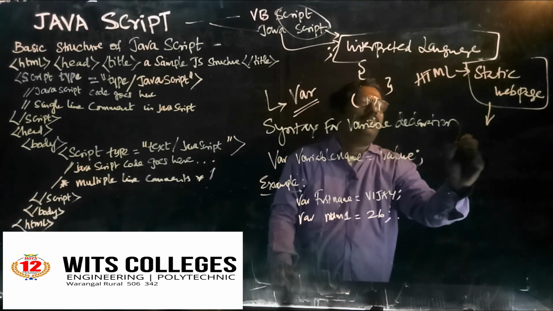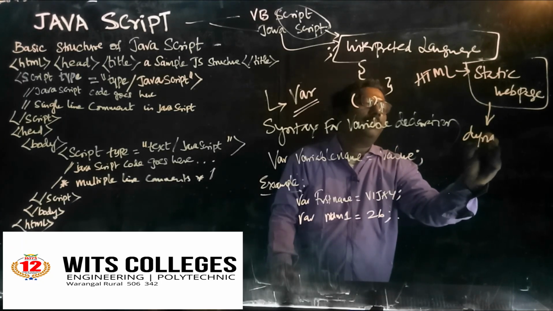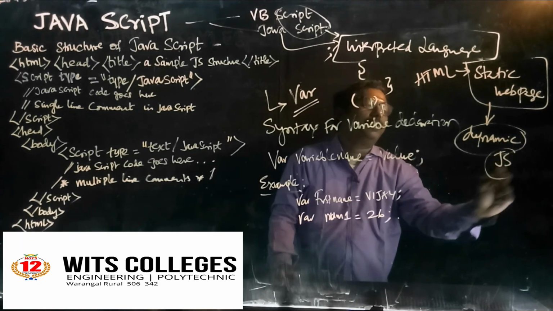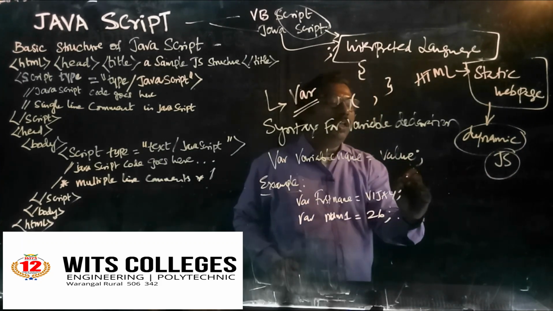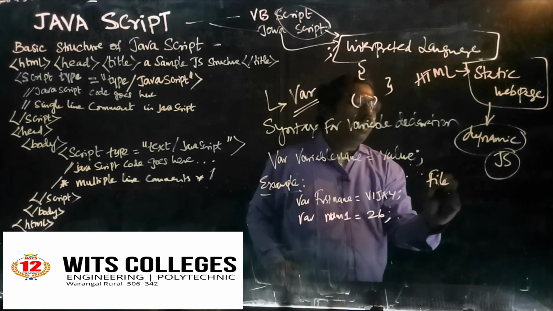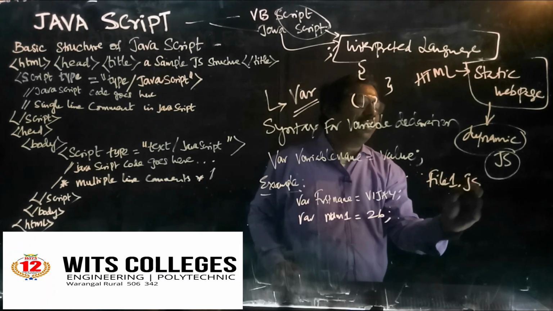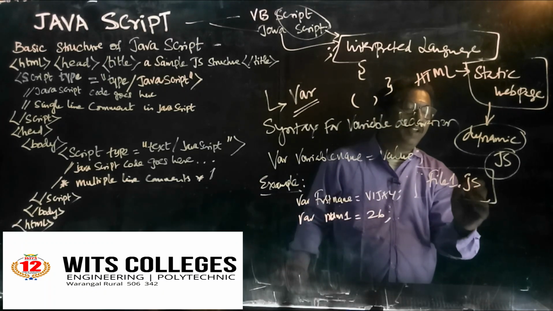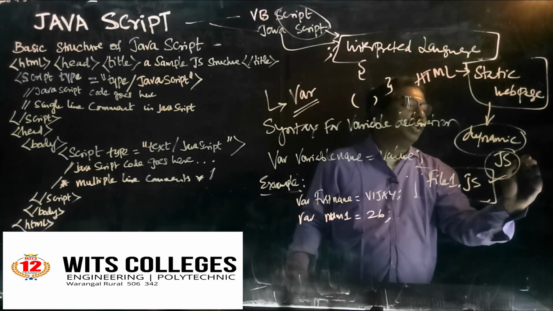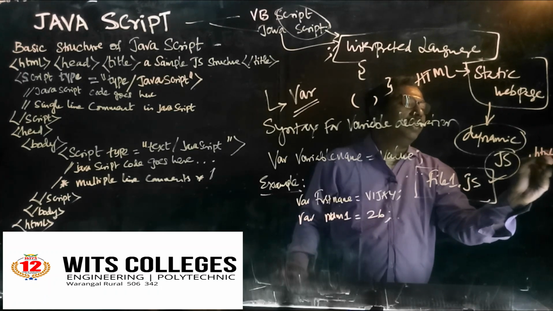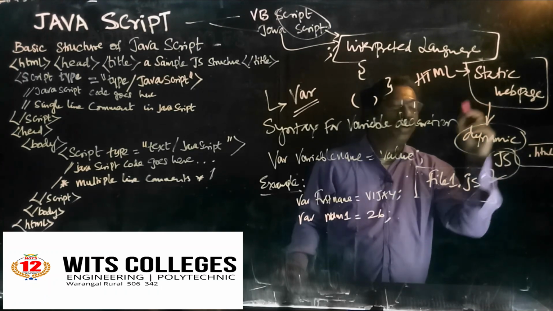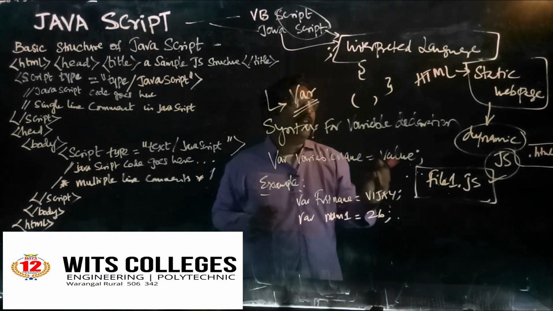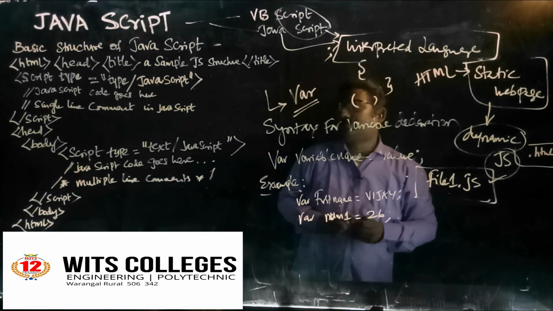This is converted to dynamic by using JavaScript. Every JavaScript file will have the extension .js. If the extension is .js, it is a JavaScript file; .html means it is an HTML file.